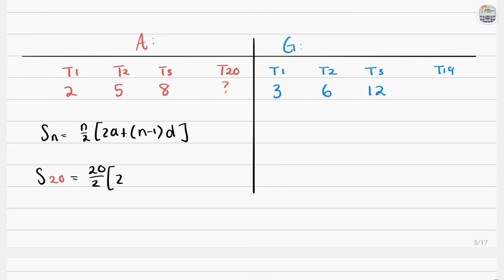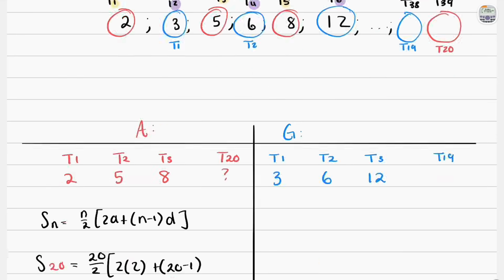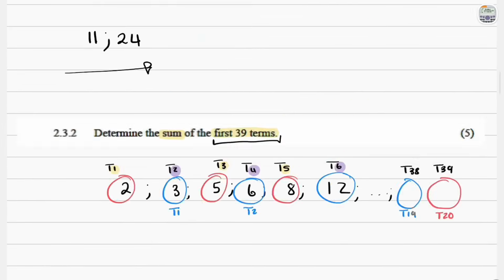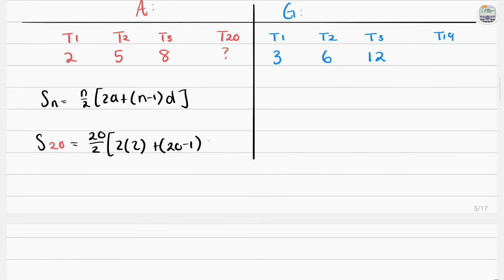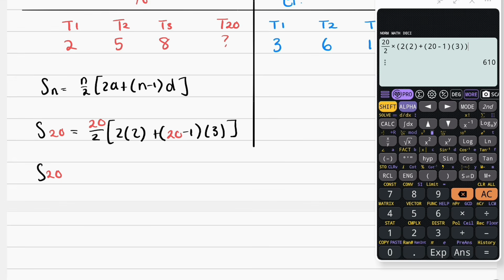What is the first term in the arithmetic pattern? It's 2. And then plus 20 minus 1, and the difference, we saw that was 3 that we kept adding to each successive term. So multiply by 3, and that will give us the sum of the 20 terms in our arithmetic pattern, which is a total of 610.